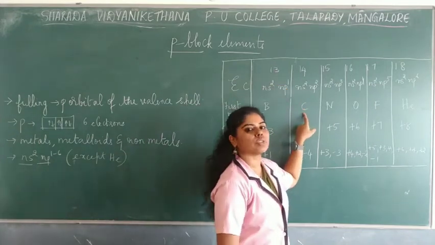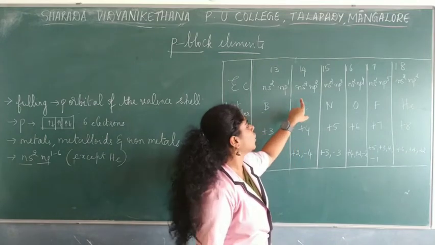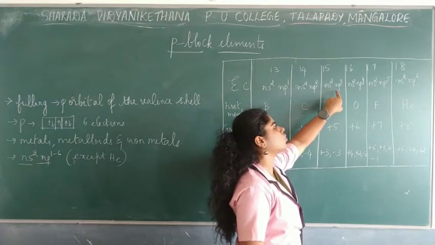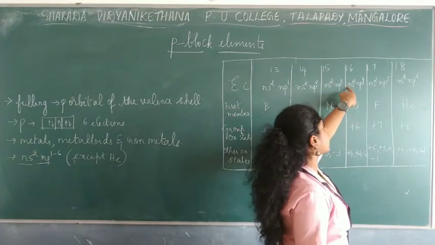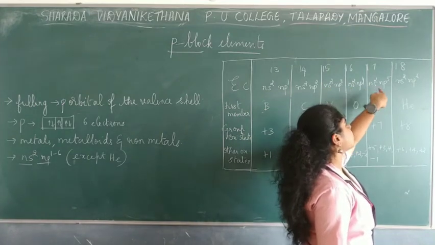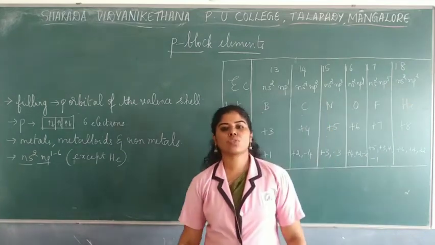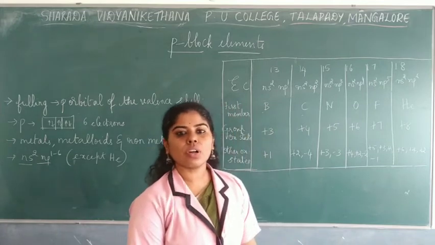In the same way, carbon is ns2 np2, nitrogen is ns2 np3, oxygen is ns2 np4, fluorine is ns2 np5, and then you have the noble gases with the filled electronic configuration, that is ns2 np6.